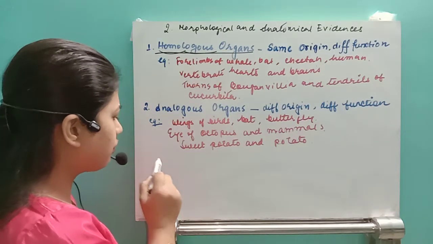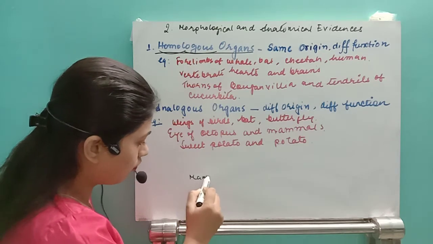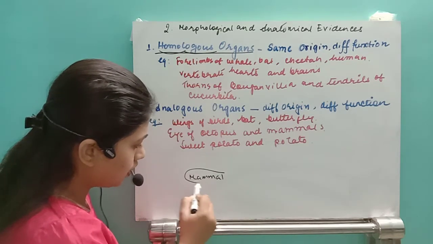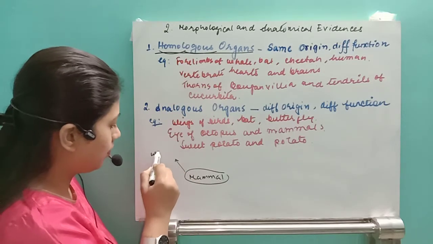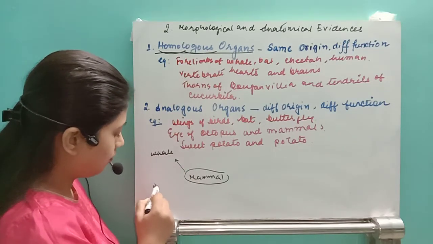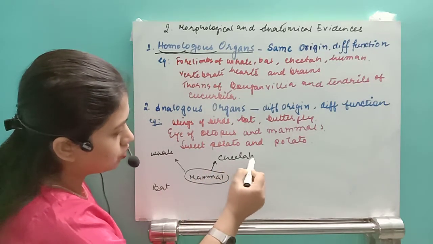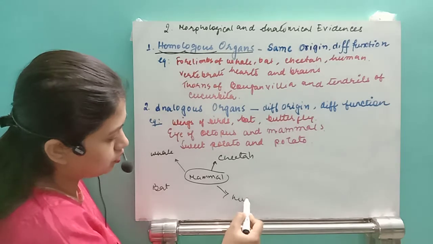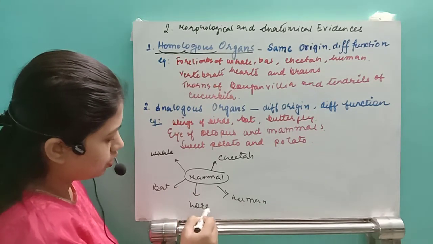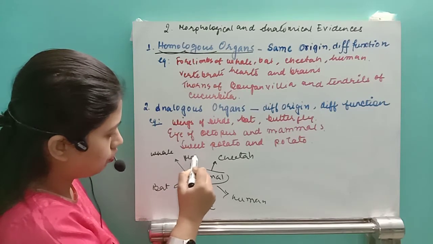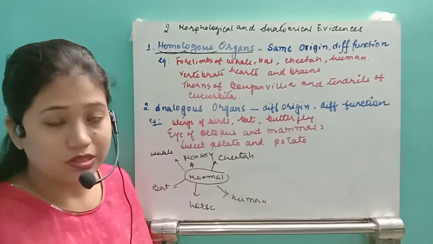Let me show one example, an example of mammals. We can have whale, bat, cheetah, monkey, human, or horse also. All of these organisms are mammals, right?